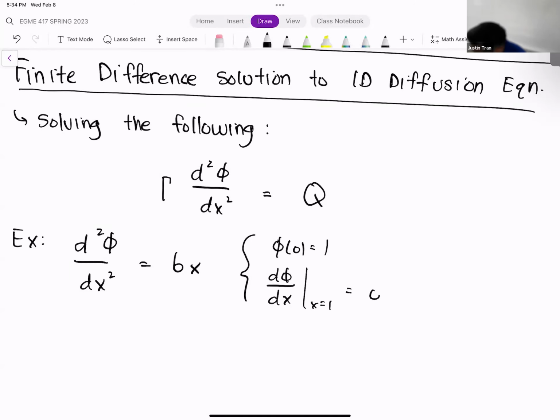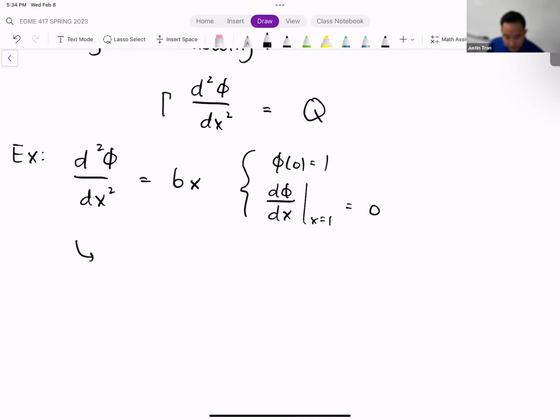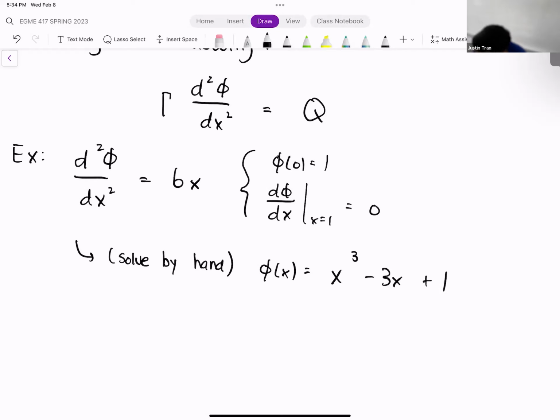All right, so last time we solved this equation by hand, and that gave us the following solution: x cubed minus 3x plus 1.